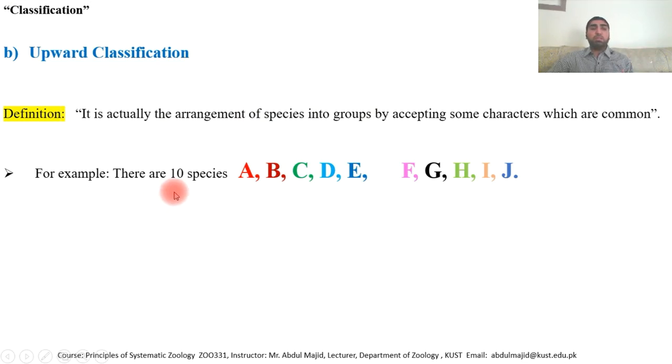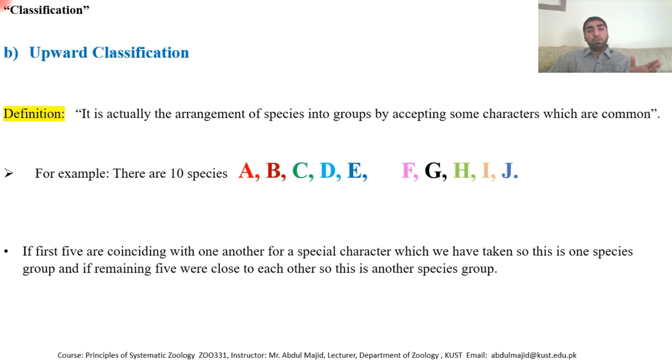Let's suppose, for example, you have 10 species: A, B, C, D, E, F, G, H, I, J. The different colors show that they are different from each other. If the first five have certain characteristics which coincide with each other, some characteristics in common, we will put them into one group.